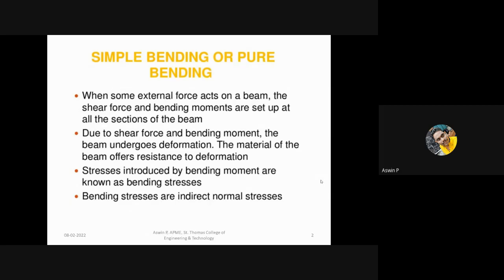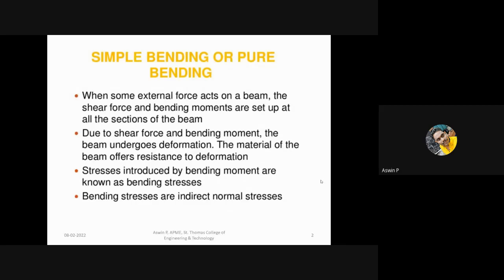This is the important thing: when an external force acts on the beam, there will be shear force and bending moment. We have already discussed how to draw the shear force and bending moment equations and diagrams. When a beam is subjected to external force, such as a point load, UDL or continuously varying load, shear force as well as bending moment are set up in all sections of the beam.